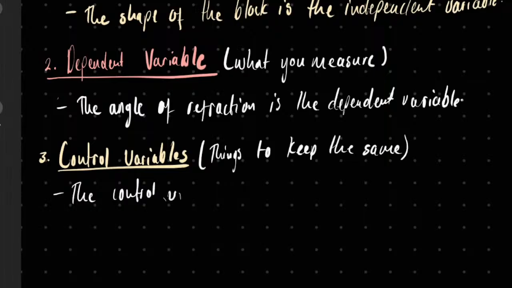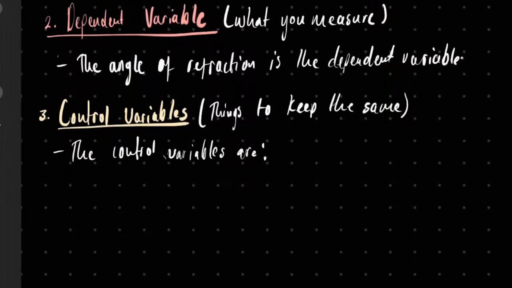The control variables are, you should study these experiments. Think about them. Look at them. Don't throw the book away. We are past that stage. We are hungry people. The control variables are one, width of the beam. Okay?